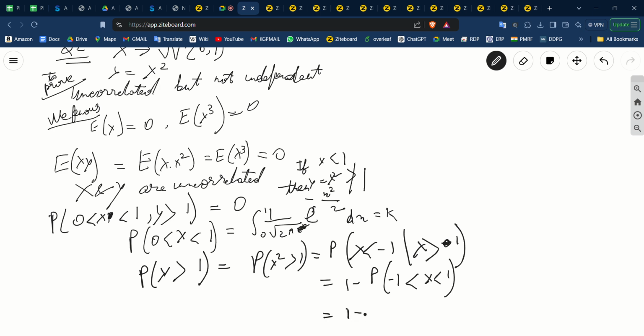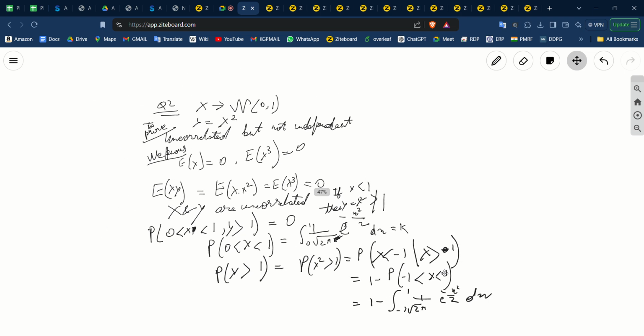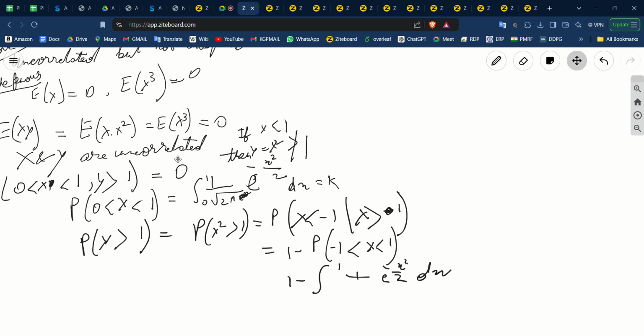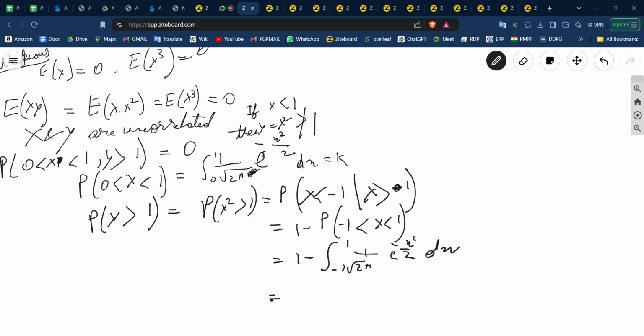Thus, this will be 1 minus the integral from minus 1 to 1 of 1 by root 2 pi, e to the power minus x square by 2 dx. Since the Gaussian is symmetric, this will basically be 1 minus 2 into the integral from 0 to 1 of 1 by root 2 pi, e to the power minus x square by 2 dx.